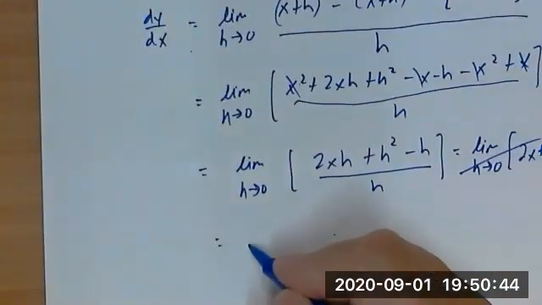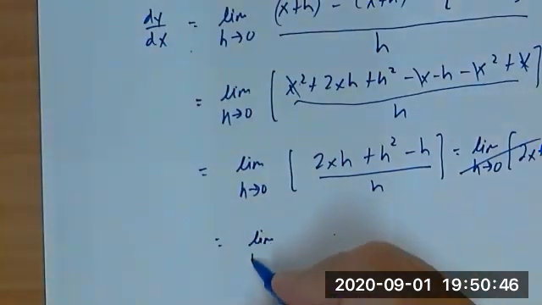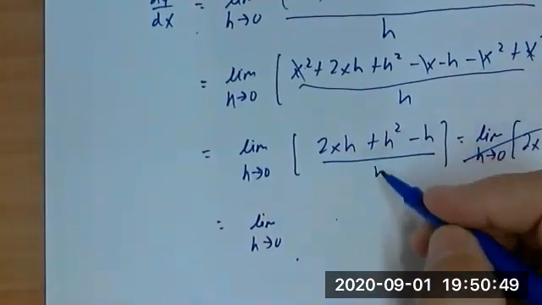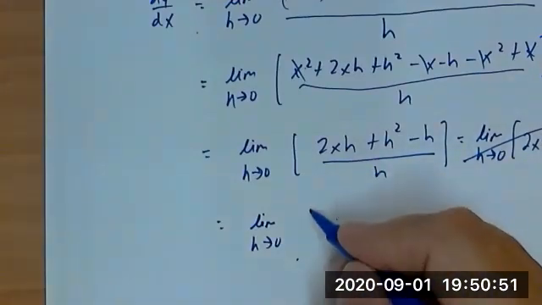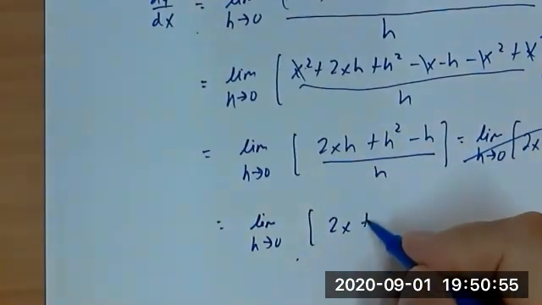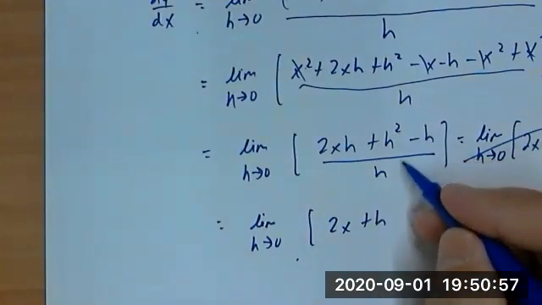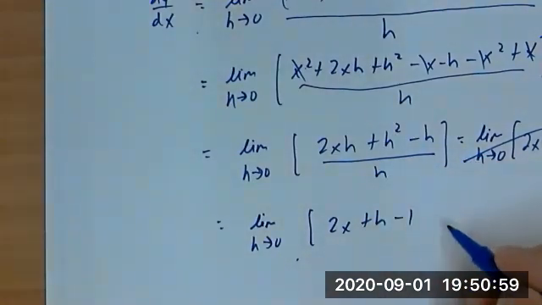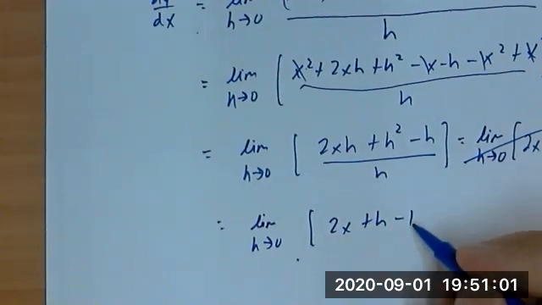So when you cancel the h here, you're left with 2x. When you cancel, h squared over h is just h. Negative h over h. So it's not 0 here. It's actually 1.